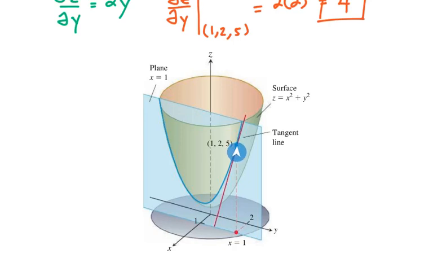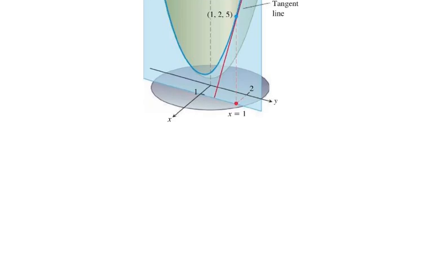So we're looking at this specific point, and the slope of the tangent line, which is in that same plane, running parallel to the parabola in that plane, that slope is 4. So visually, that's what we just did, and we have a check that we can use.